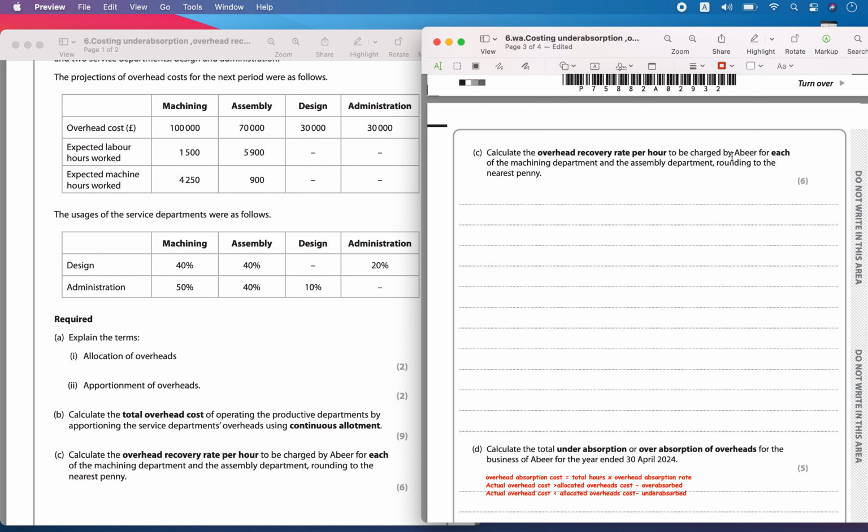Now calculate the overhead recovery rate to be charged by Abeer for each of the machining department and the assembly department, rounding to the nearest penny. So let's calculate the overhead recovery rate per hour.